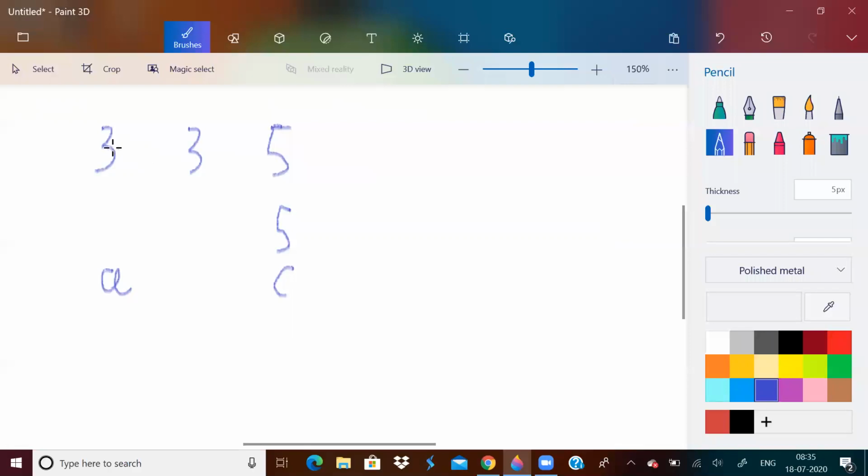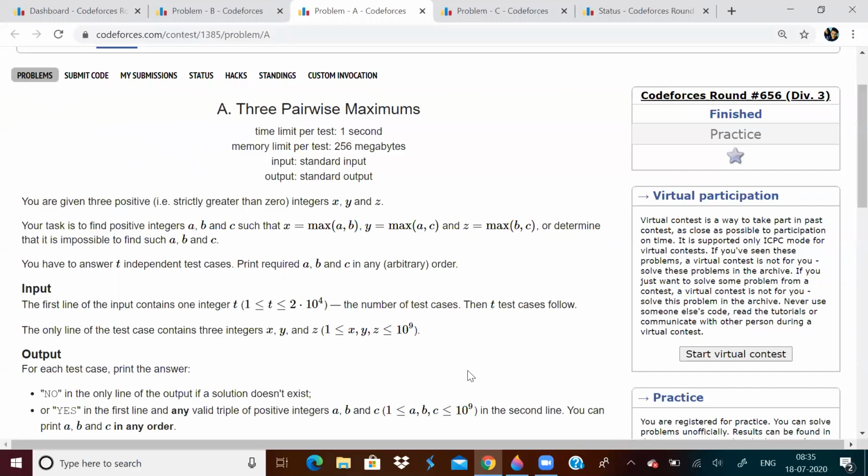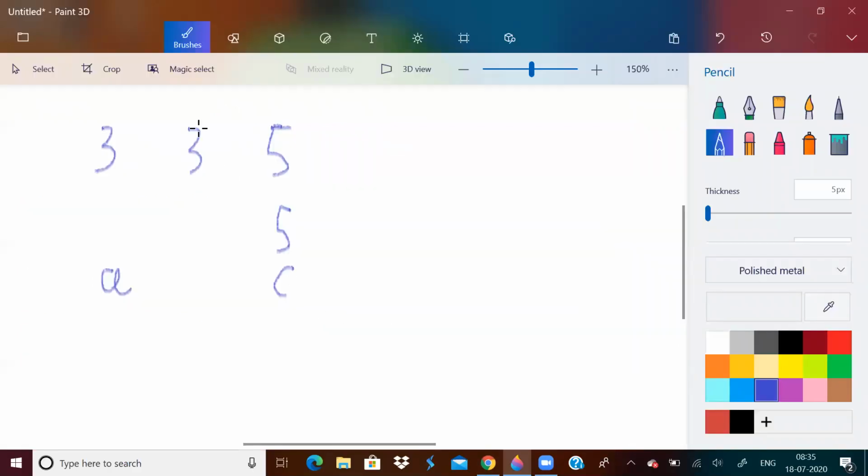Because X is max of A and B, if I take 3 over here, max of A and B is 3, okay. But what about Y, max of A and C? C is greater than A. So if I say Y is max of A and C, what is max of 3 and 5? 5.